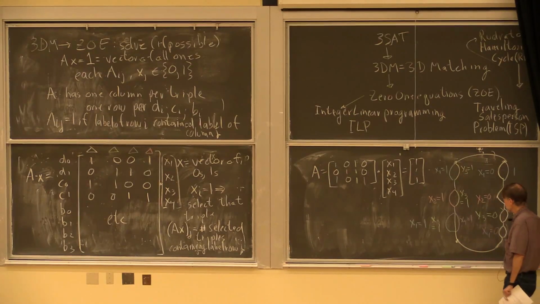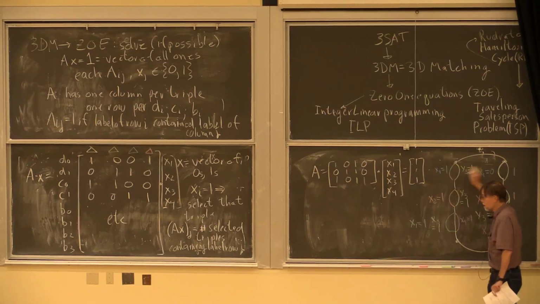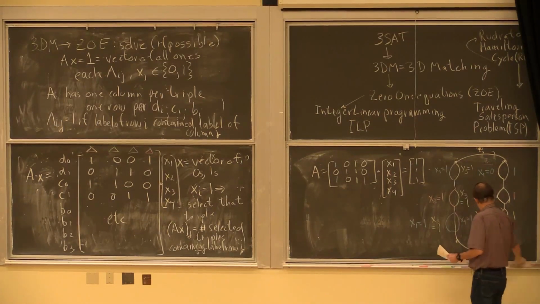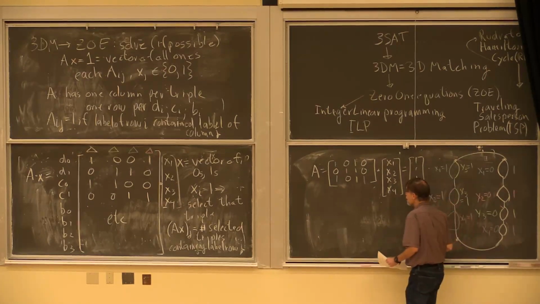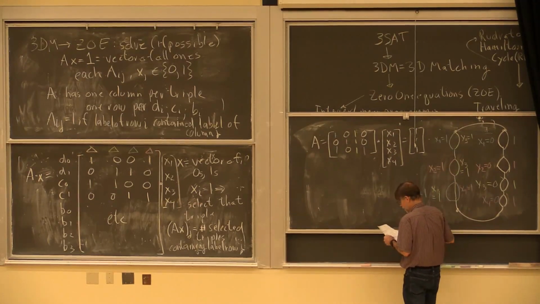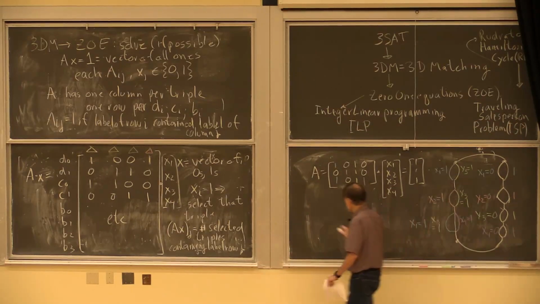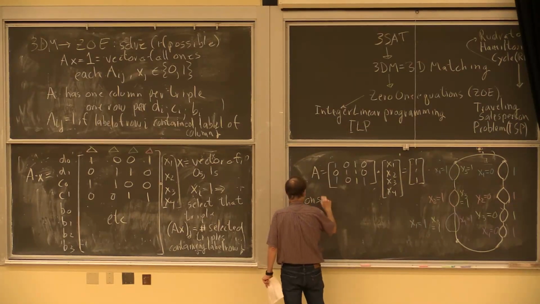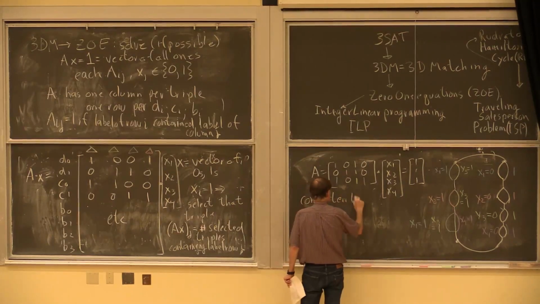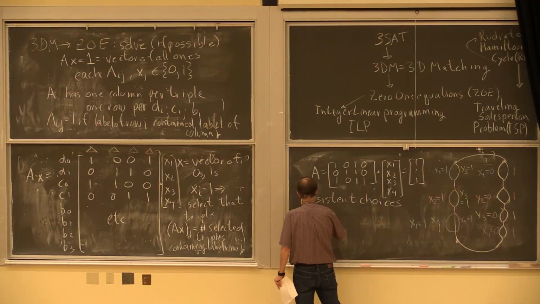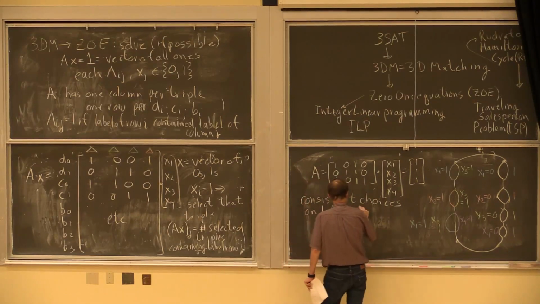And so what I need to do is make sure I make consistent choices in the left and the right. And so this is how I'm going to do that. Let's see if this is going to fit. So what I want are consistent choices on the left and the right.